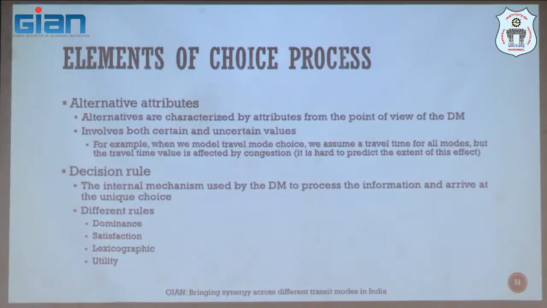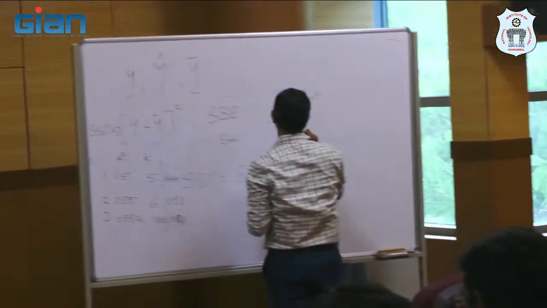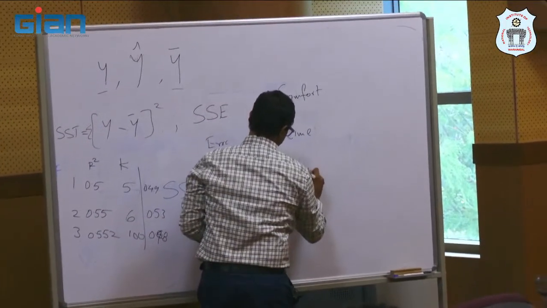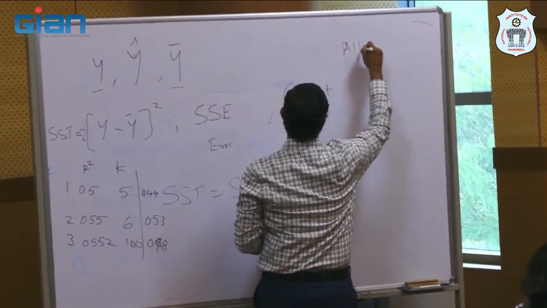Right? So let's say we have comfort as the first most important one, travel time, and then cost. This is alternative 1.